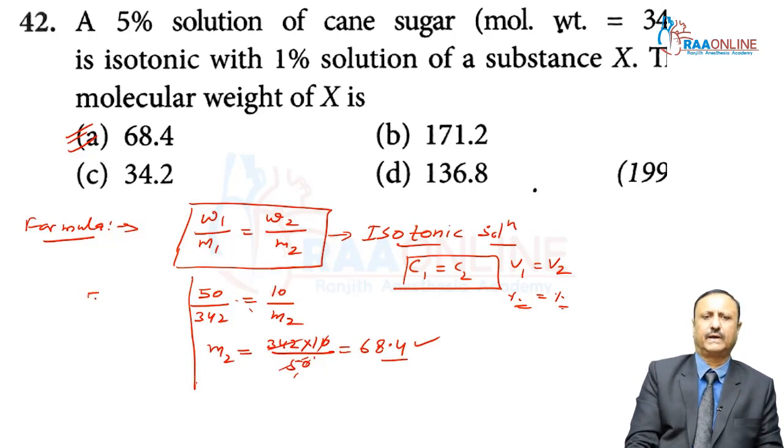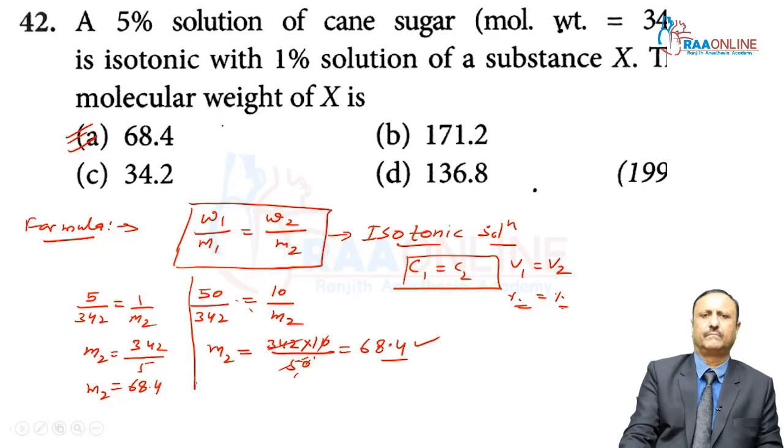We can put 5 upon 342 equal to 1 upon M2. Then you also get 342 upon 5, which means 68.4. It is not necessary because here it is 1% and 5%, and the volume is the same, so the volumes cancel with each other.